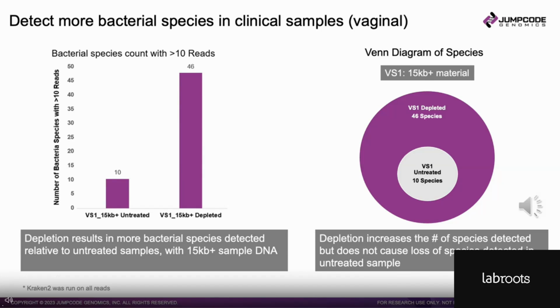And the very interesting thing is that all of the 10 species in the untreated samples are among the 46 species detected in the Jumpcode Human DNA Depletion Kit treated sample. This is illustrated in the Venn diagram to the right.